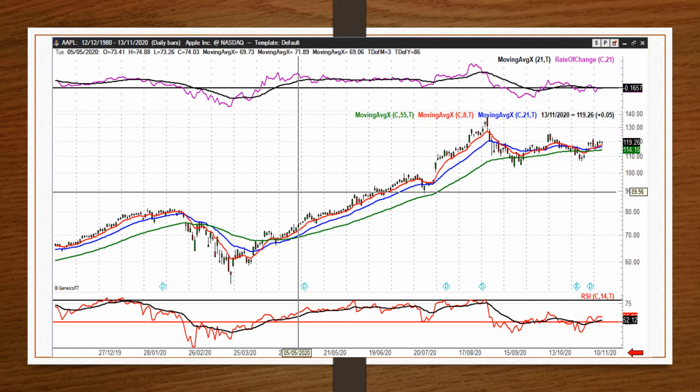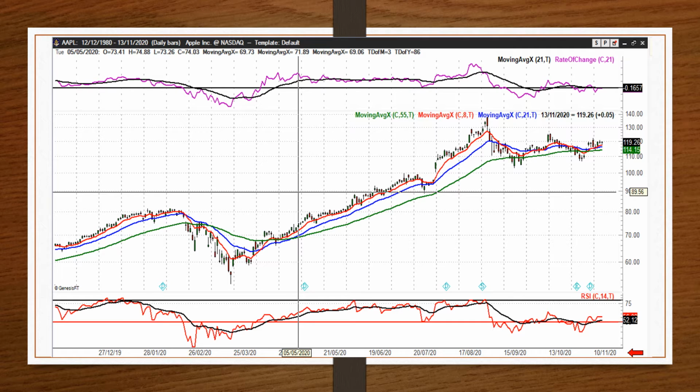Okay, so we're looking at our chart of Apple, and this must start to be familiar to you now. We've got a couple of places where we can demonstrate our trading method.